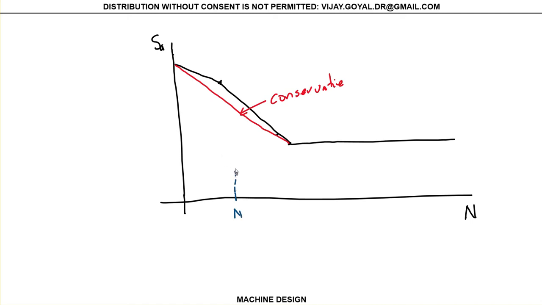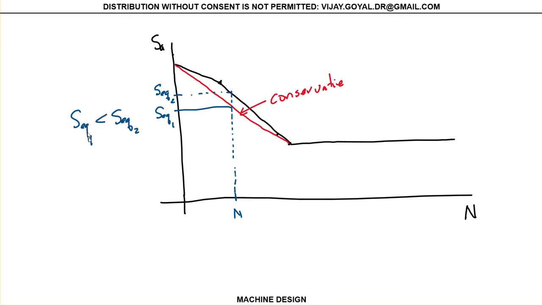And I go all the way up. What you can see is for the conservative, I am going to get a lower stress, call this sigma 1, than if I use the traditional approach where I get S equivalent, call it sigma 2. And you can see that sigma 1 will be less than S equivalent sigma 2.